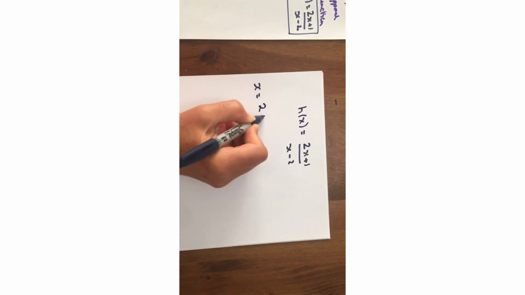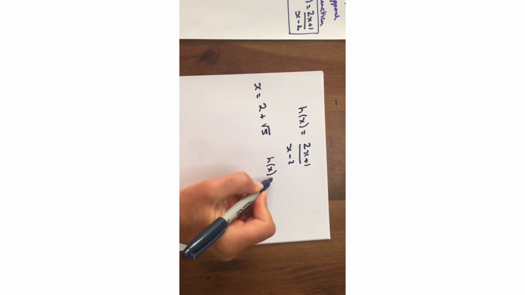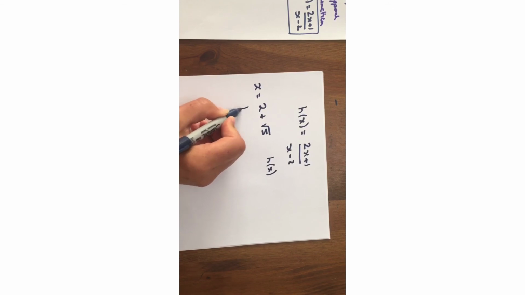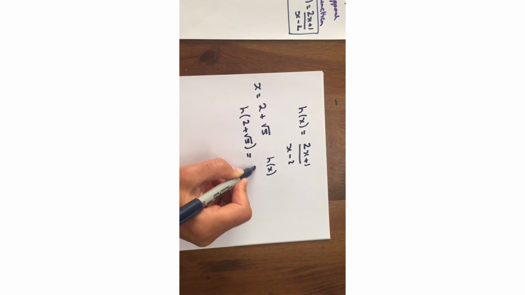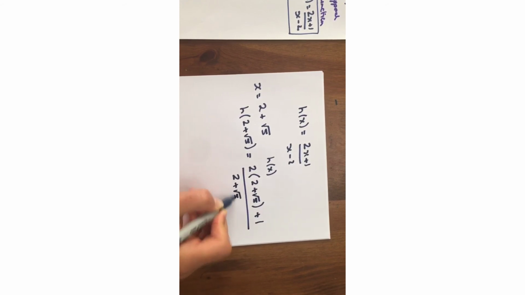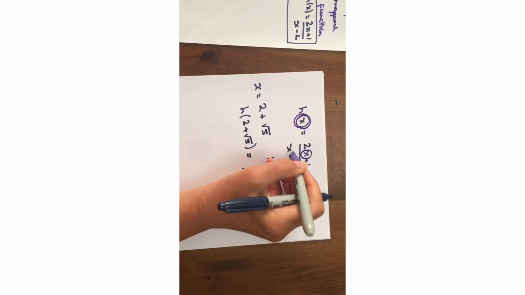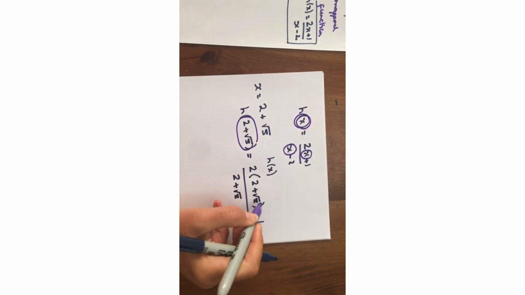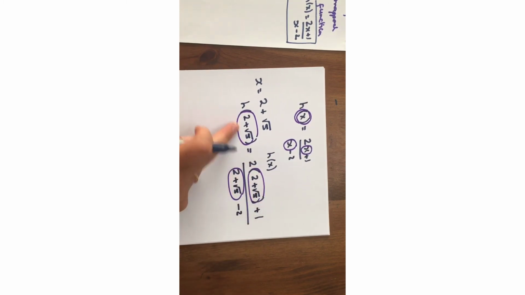So what's h of 2 plus root 5? Well, I've got 2 lots of 2 plus root 5, plus 1, over 2 plus root 5 minus 2. I'm replacing the x with 2 plus root 5, and this should all simplify to 2 plus root 5.